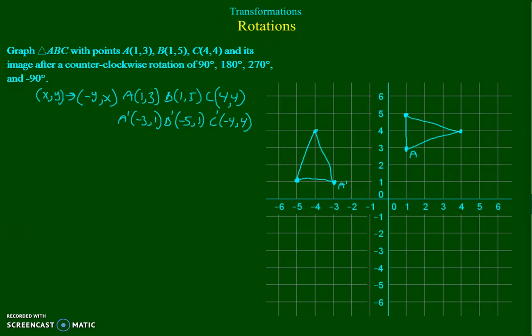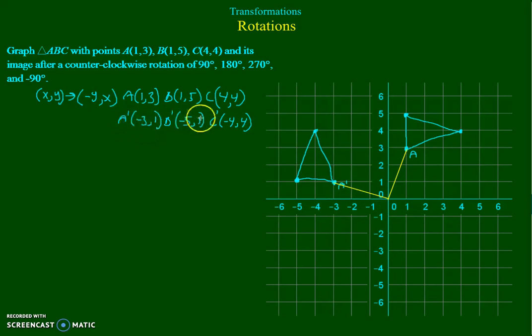So we'll draw two segments, one from A prime to the center of rotation, and one from A to the center of rotation. And you can see that it's kind of rough there, but it forms pretty close to a 90-degree angle there, which indicates that this point has been rotated along the circumference of a circle centered at the origin. All right, let's continue on.